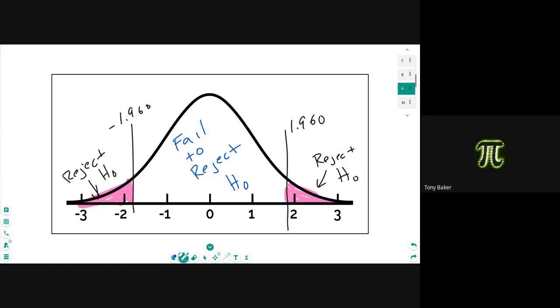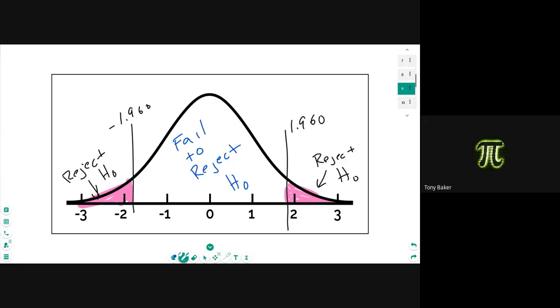We're never going to make the claim that the information that I got is the exact answer. All we know is it's going to differ from the null hypothesis, in some way or form. But just because the information I have is there does not mean that that's the actual final answer. So we are going to either fail to reject or reject.